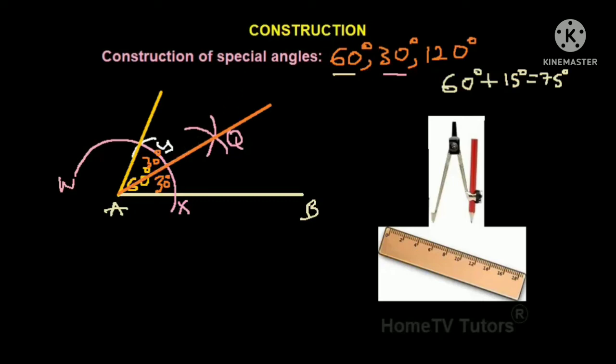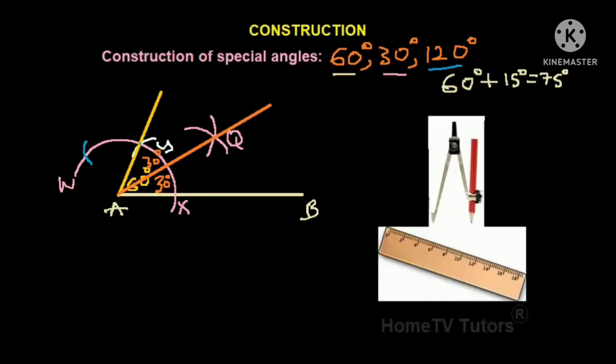Good. So now we want to construct angle 120 degrees. Easy. With the same radius that we are using, you come to the point of intersection Y, then you draw another arc cutting the arc WX, that is this arc. Then you draw another arc that cuts it.